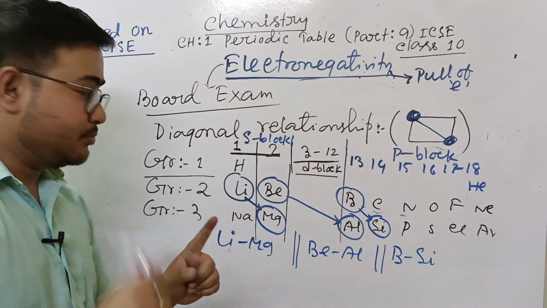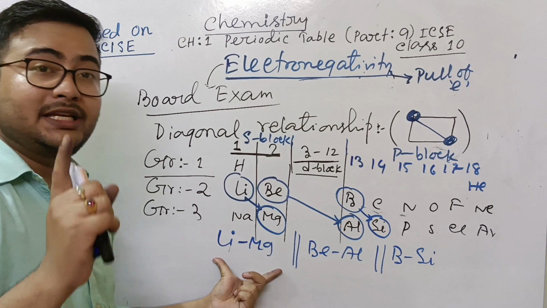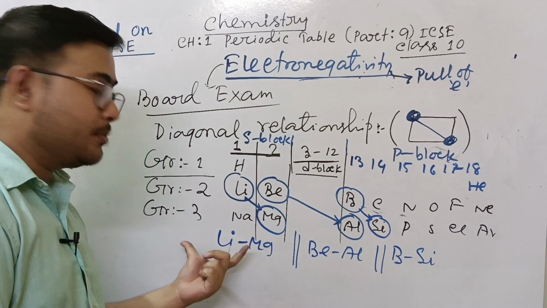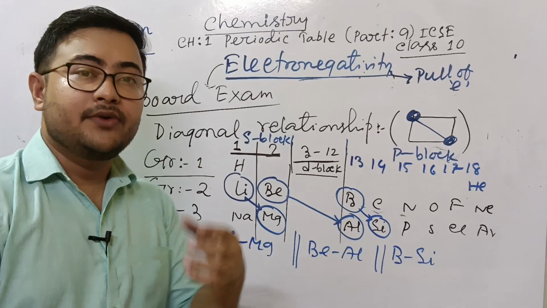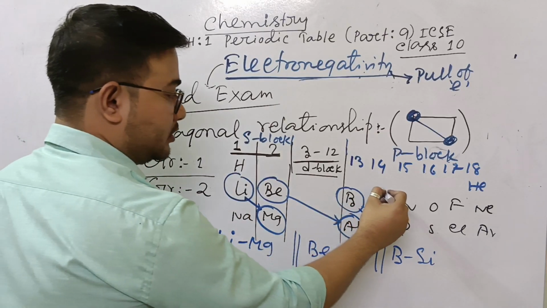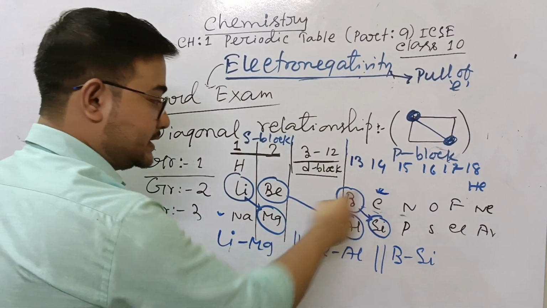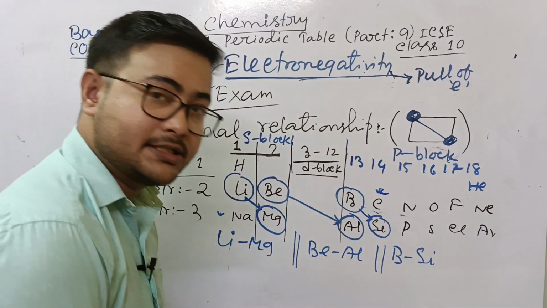Listen properly: as we move diagonally, these two elements have the same properties, that is, more or less the same physical and chemical properties. For example, carbon and sodium don't, because they are not diagonally situated. So what is the diagonal relationship?